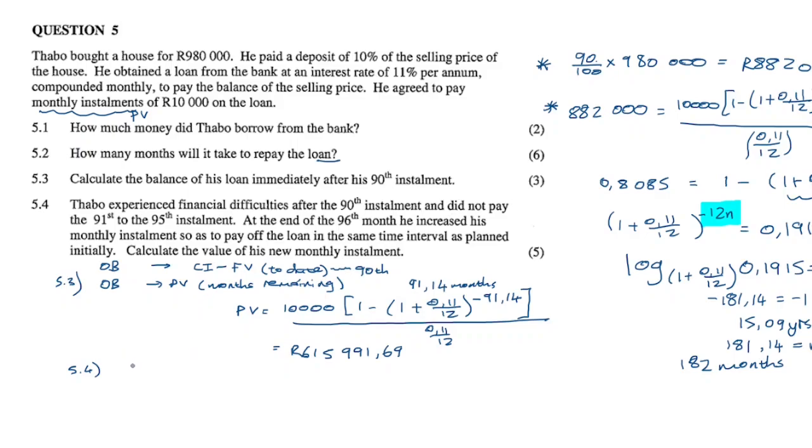And so there's a few things happening here. The one is that he can't pay for 5 months. So that's what I will refer to as a deferred payment. So nothing's happening in the bank account. This money is just sitting, and so it's just good old compound interest. The bank just lets it grow. They tell you not to stress because they know they're going to be making more money off you. And so it's a really simple question where nothing's happening.